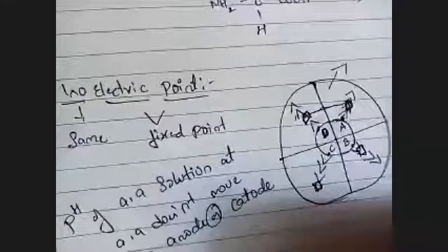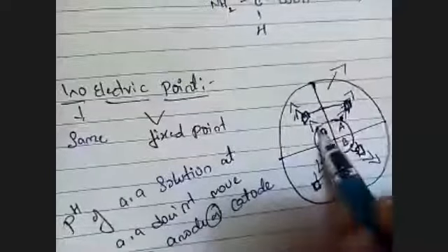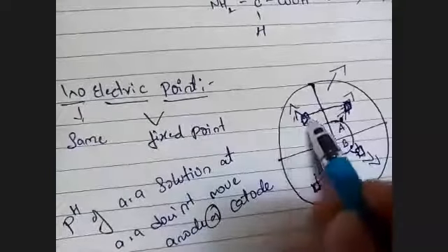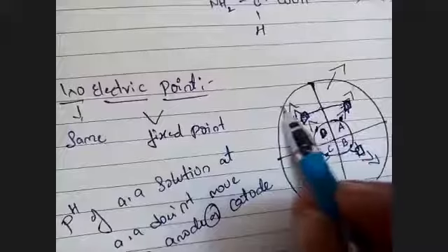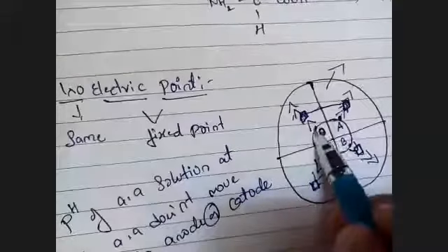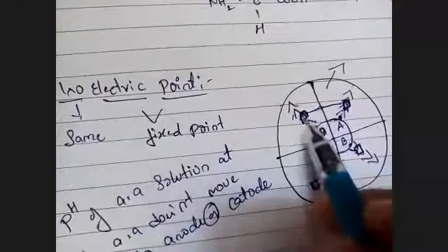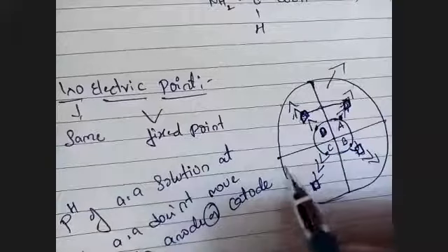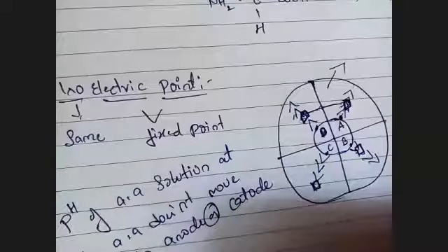It means, if suppose this is your anode and this is your cathode, it will stick here. It doesn't move outside, it doesn't move inside. It will stick on one surface. That point is called the isoelectric point.